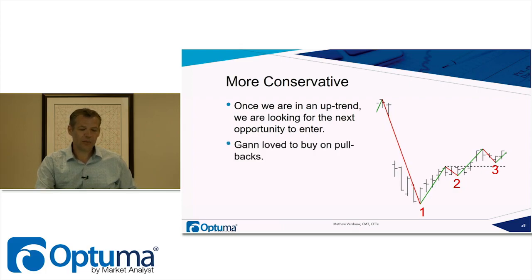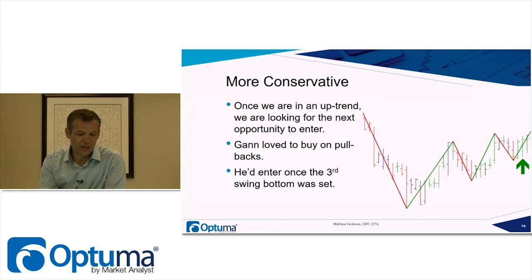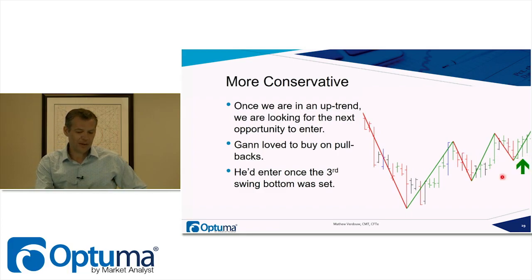He loved to buy on pullbacks, and he'd enter once that third swing bottom was set. Here I'm doing it quantitatively, and I created a show bar in Optima so I can test it. Whenever I do signal testing, I want to see my signals on the chart first and just visually observe, does this make sense? Am I actually capturing on the chart what I think I should be looking at? And that's what we've done there.